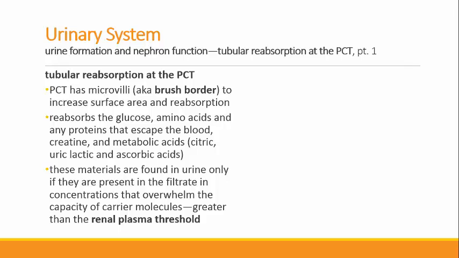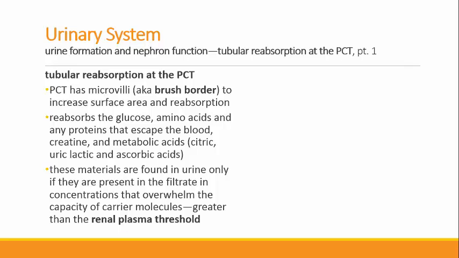So lots and lots of glucose gets reabsorbed by people with diabetes, but there is just so much glucose in the blood of a person with uncontrolled diabetes that the proximal convoluted tubule just can't reabsorb it all.